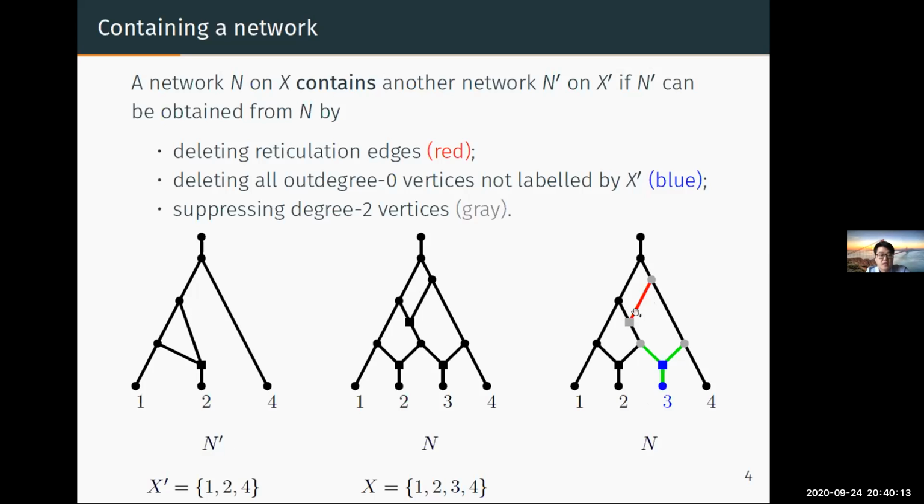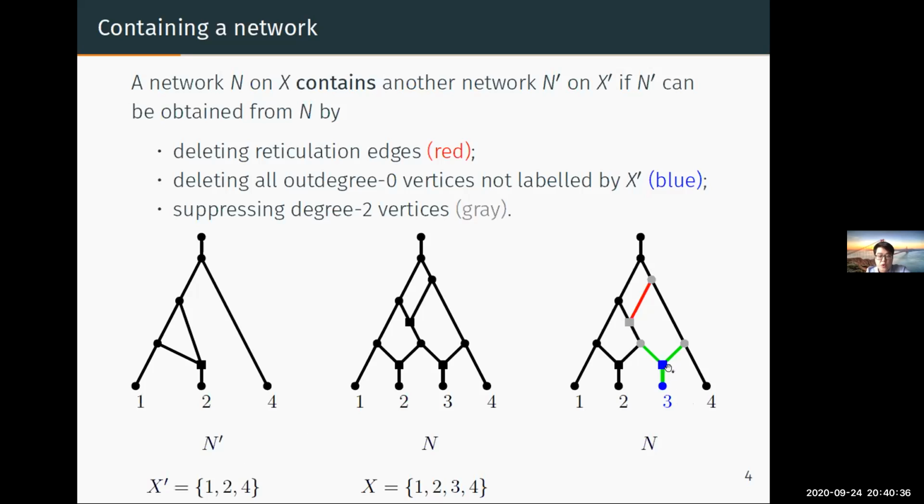And then secondly, we have to delete all out degree 0 vertices that are not labeled by X prime. So a leaf that appears in N that does not appear in N prime, one of them is this leaf here, 3. So we remove this leaf and of course, any incident edges to it.